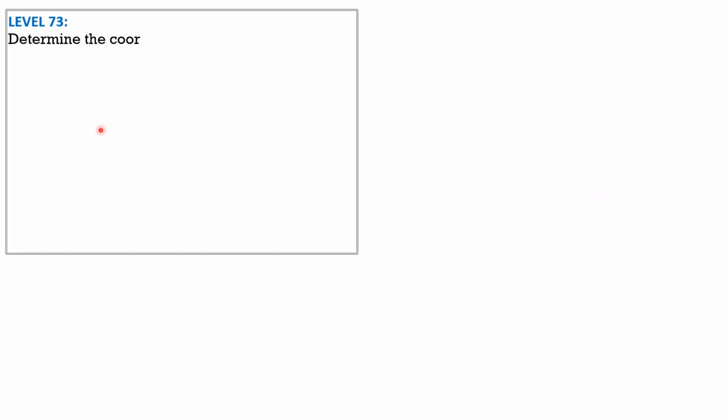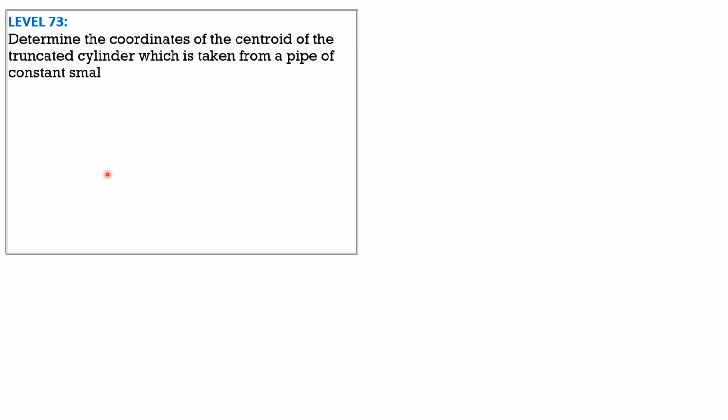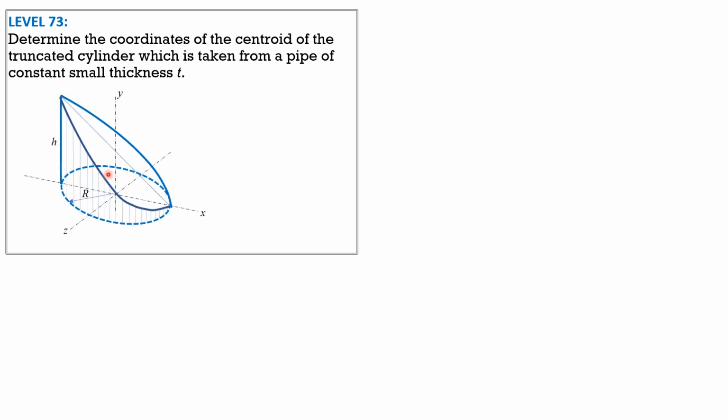Problem 73: determine the coordinates of the centroid of the truncated cylinder which is taken from a pipe of constant small thickness t. So actually we can locate the centroid of the surface area, which is the same as that of the cylinder of constant thickness, because the volume of the material is simply surface area times this very small thickness.